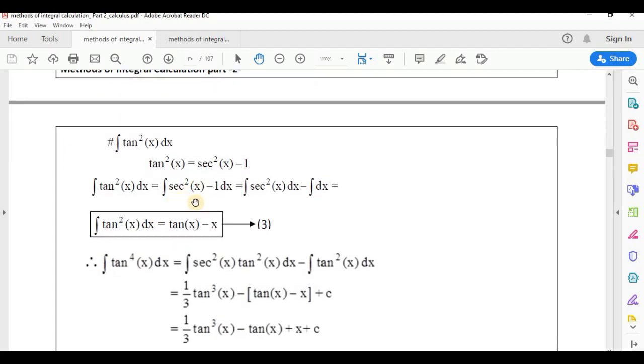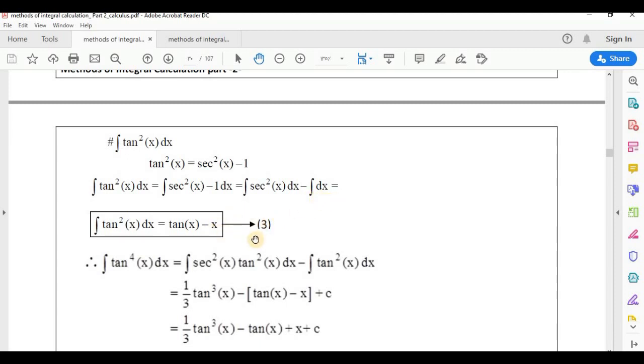After we put it in, we get this result: the integral of sec square minus 1 dx. After distributing the integral over the function, we need to find the integral of sec square dx minus the integral of dx. The integral of sec square is tan x, and the integral of dx is x.